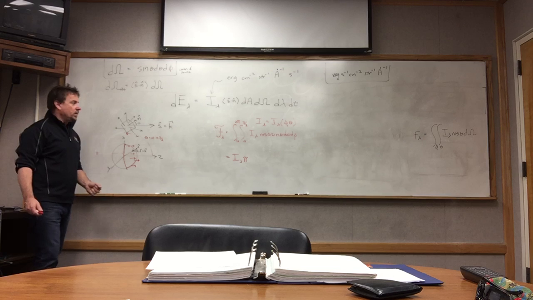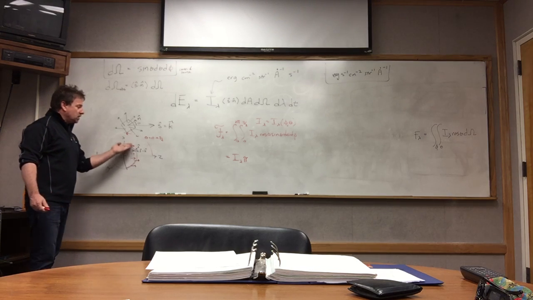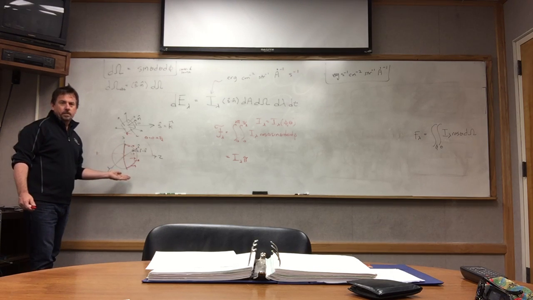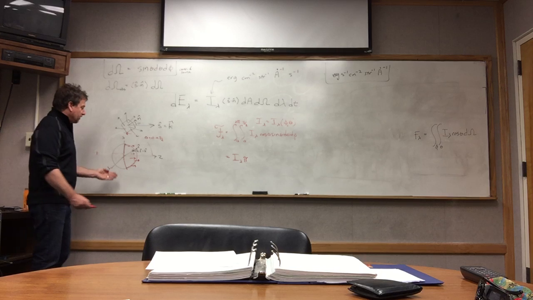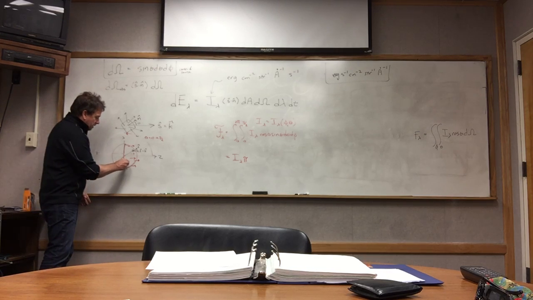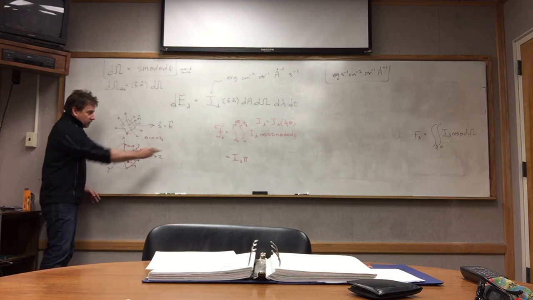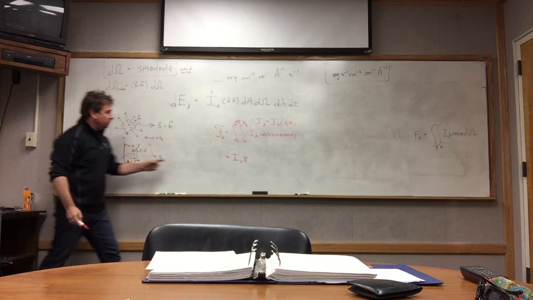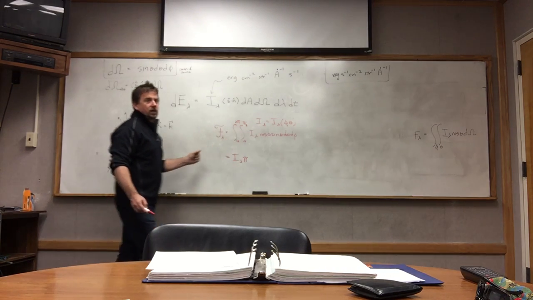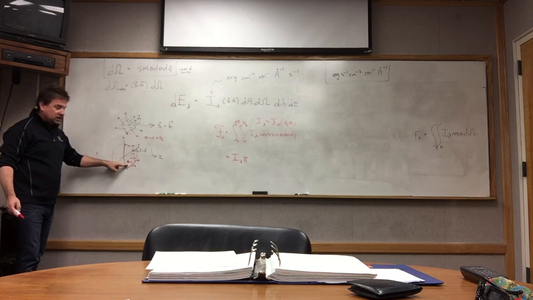And that's true at any location theta and phi on the surface. You could have a sunspot, for example, where it's cooler, and so the flux coming out of there in your direction is going to be smaller in magnitude than the flux over at this theta and phi.